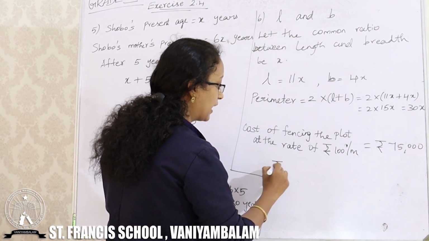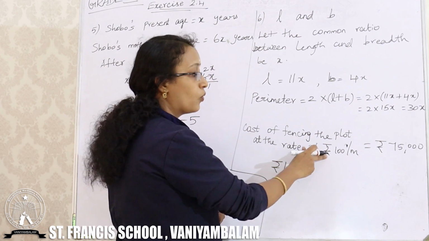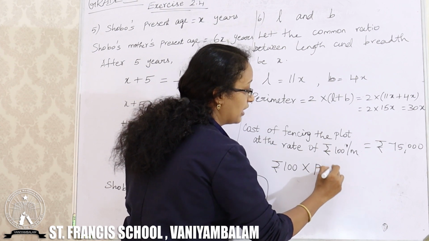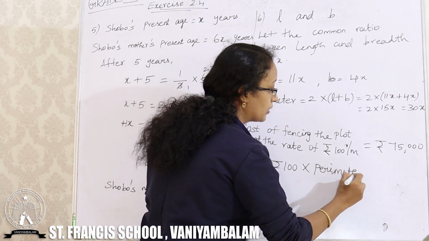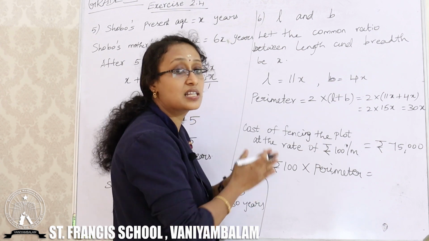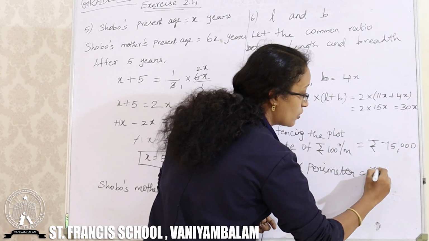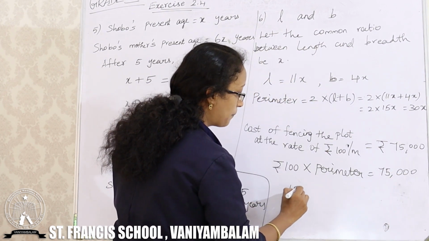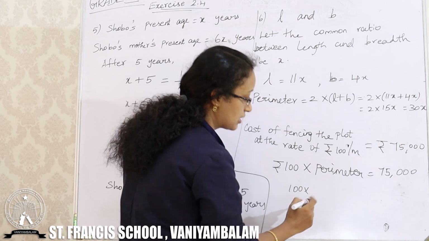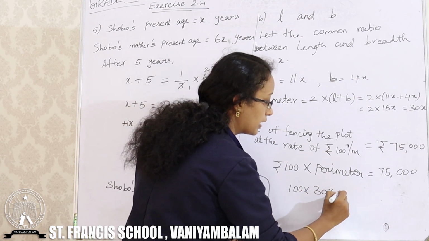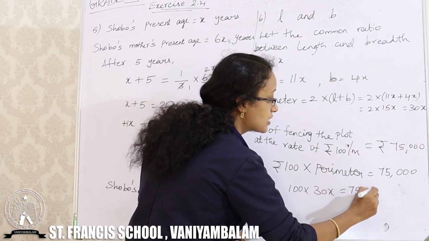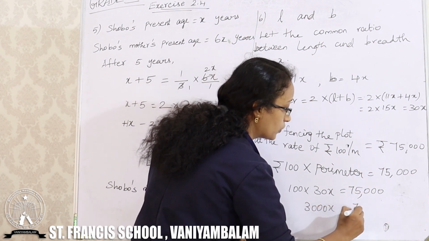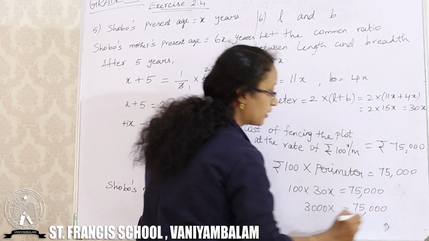This is only for 100 per meter, so you can multiply this 100 with the perimeter, because perimeter means adding all the boundaries. So we have nothing but 75,000. What is your perimeter here? Perimeter is 30x. So 100 into 30x is equal to 75,000. 3,000x is equal to 75,000, right?